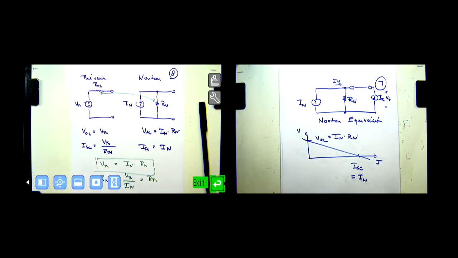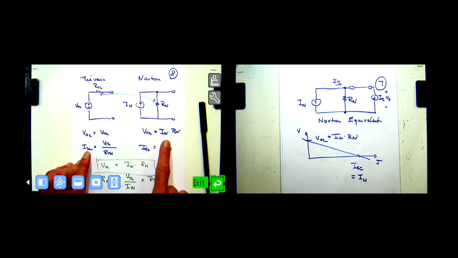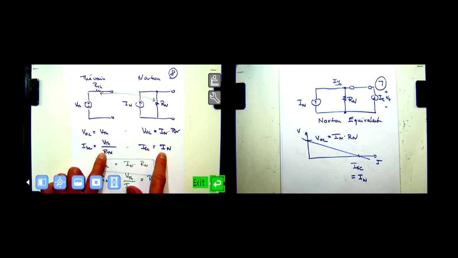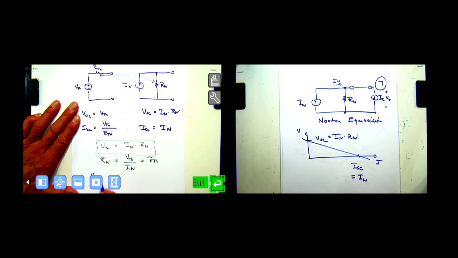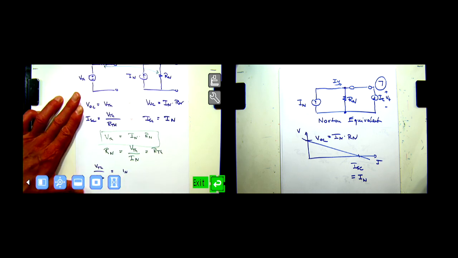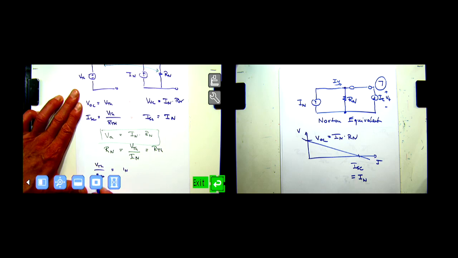How do you get this equality? Let's see. It's hard to think in front of that many people, you know. So what we do is we have these two equations, right? Both of these are equal, and I solve these. VTH over RTH is equal to IN, and VTH is equal to IN times RN.